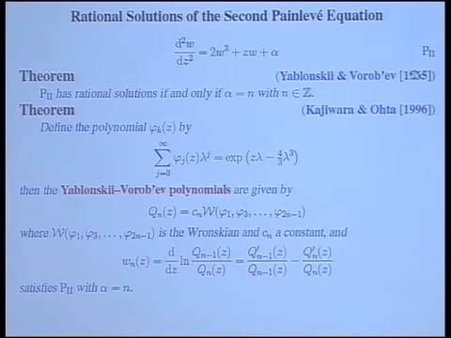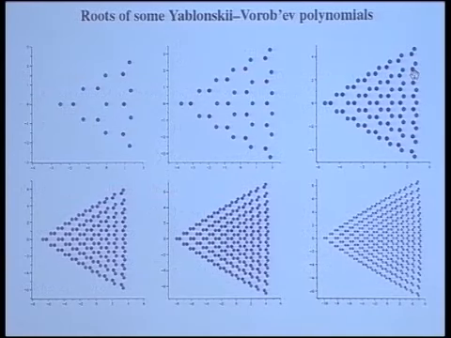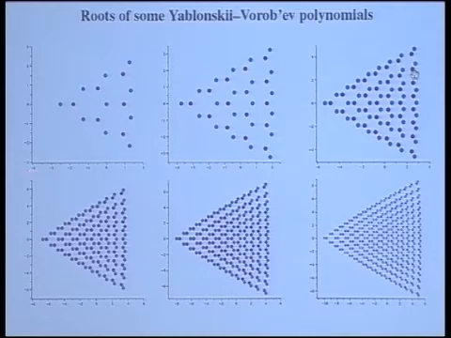And something that Liz Mansfield and I did a few years ago was to look at the roots of these polynomials, and that's when we found that they had a very surprising, to us at the time, regular, symmetric, and triangular type structure. What I've plotted here are roots of two successive ones.